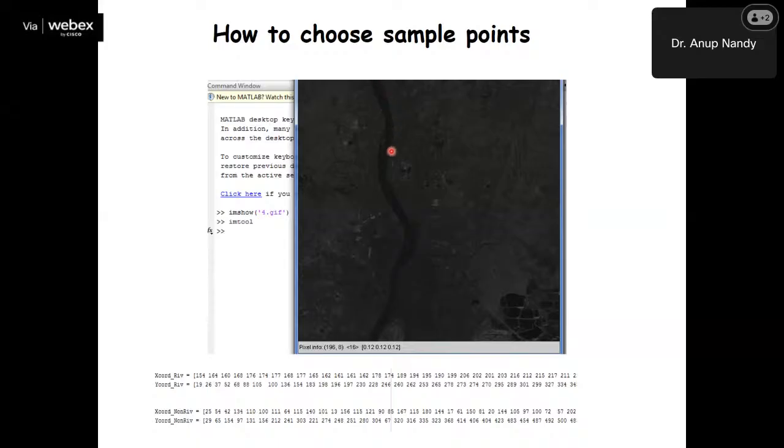If I take all the training data points from the entire region, my actual mean will be somewhere like that. But if I take the training data points only from this region, then my mean will be here, and the actual mean deviates from this mean.